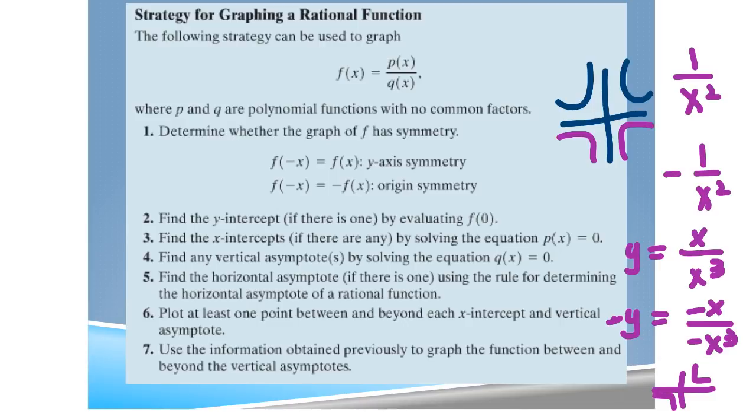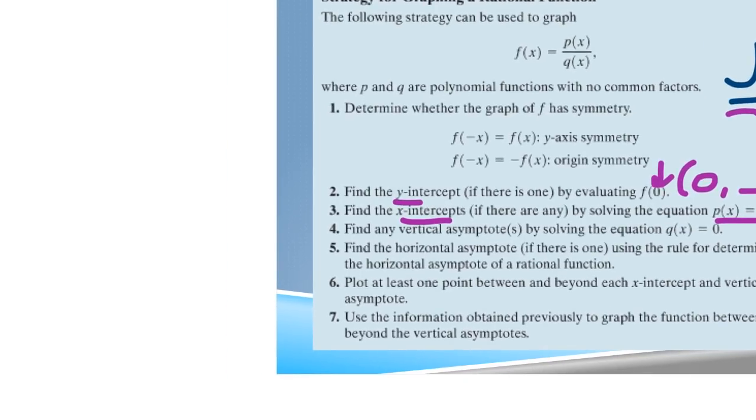Number 2 says find the y-intercept, if there is one, by evaluating f of 0. So because what's inside the parentheses is my x, and my y-intercept I get by plugging 0 in for x, I would plug in 0 for the x and see if there is a y-intercept. Find the x-intercepts by solving the equation of f of x equals 0. Easiest way to do this is just set your numerator equal to 0.